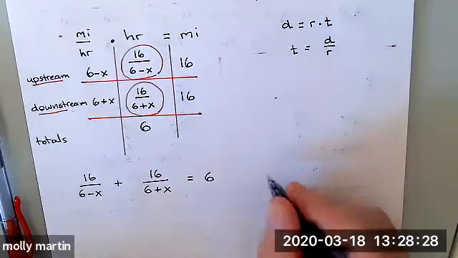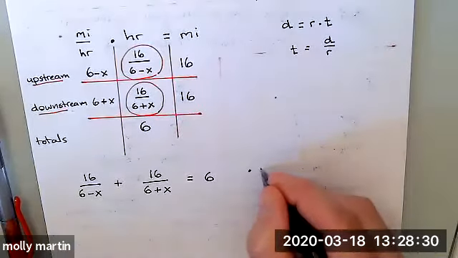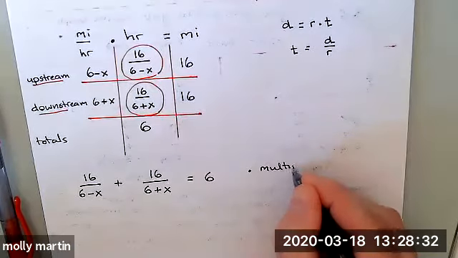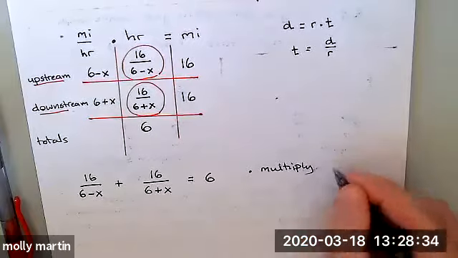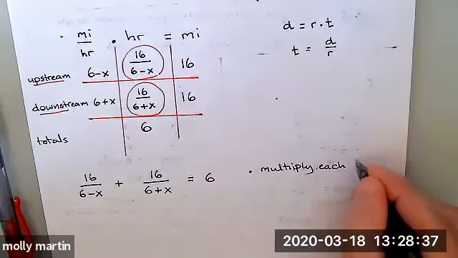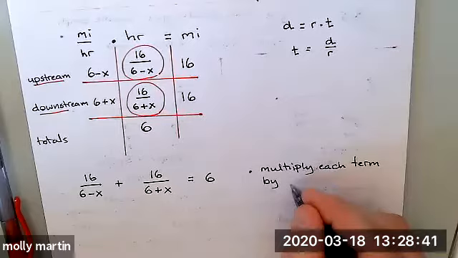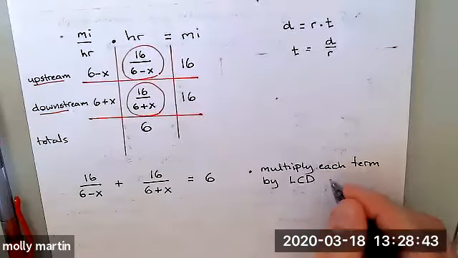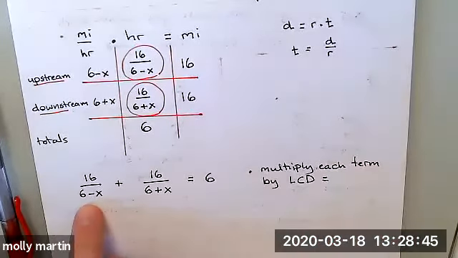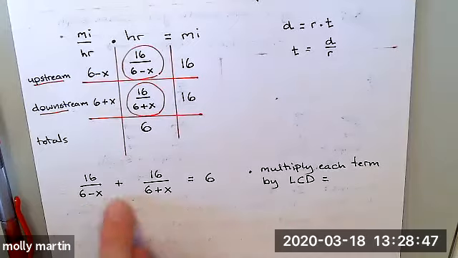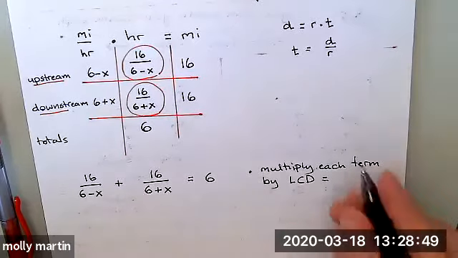So we're going to multiply each term by the LCD, which is 6 minus x times 6 plus x.